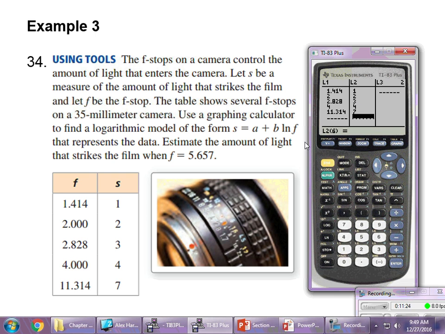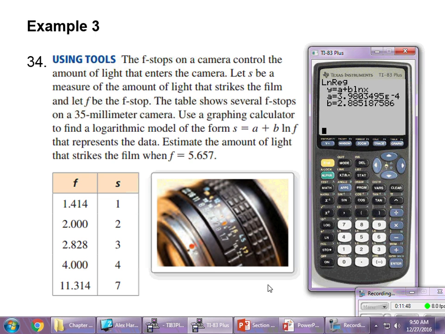All right, so now we're going to find that logarithmic function. It uses natural log. So I'm going to go back into stat, calculate, and we're going to toggle down until we get to natural log regression. Hit enter, and there we have our function. Now we do have some scientific notation there, so we want to be careful about that.